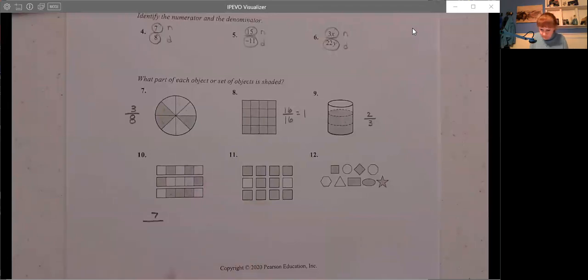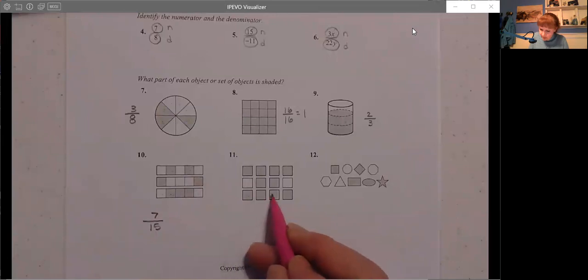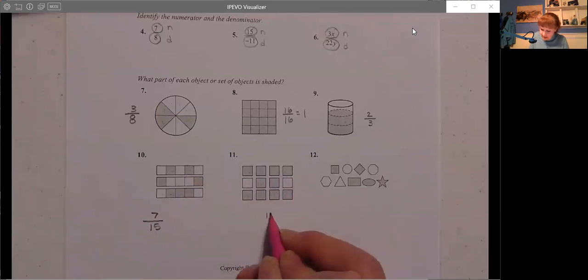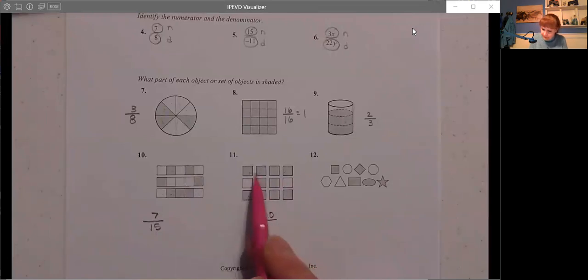Out of 1, 2, 3, 4, we have 5, 10, 15. 7 out of 15 is what we have shaded. On number 11, 1, 2, 3, 4, 5, 6, 7, 8, 9, 10. So that numerator is what you wanted. You wanted the shaded out of the total. And let's say we have 4, 8, 12 total.